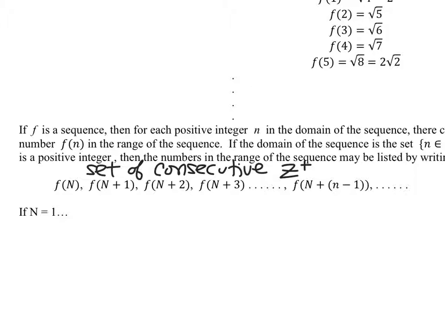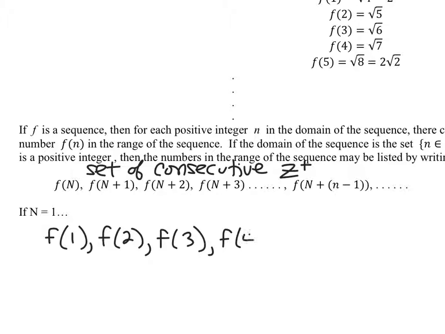All right. So if n is equal to 1, then we're looking at f of 1, then f of 2, f of 3, f of 4, comma, and really only 3 dots. This is overkill. So comma, ..., comma.